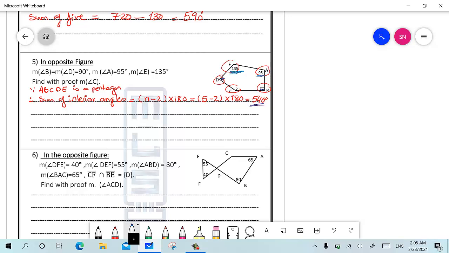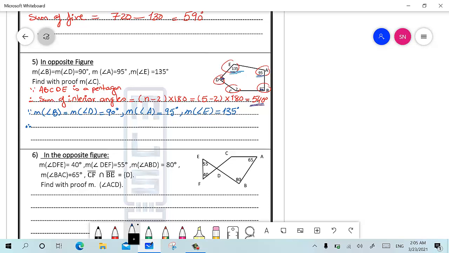I'm going to write since measure of angle B equal measure of angle D equals 90 degrees, measure of angle A equals 95 degrees, measure of angle E equals 135 degrees.